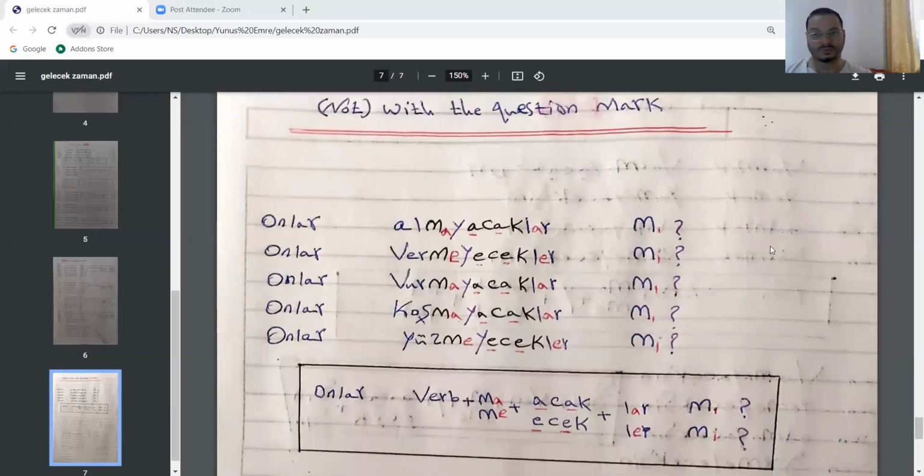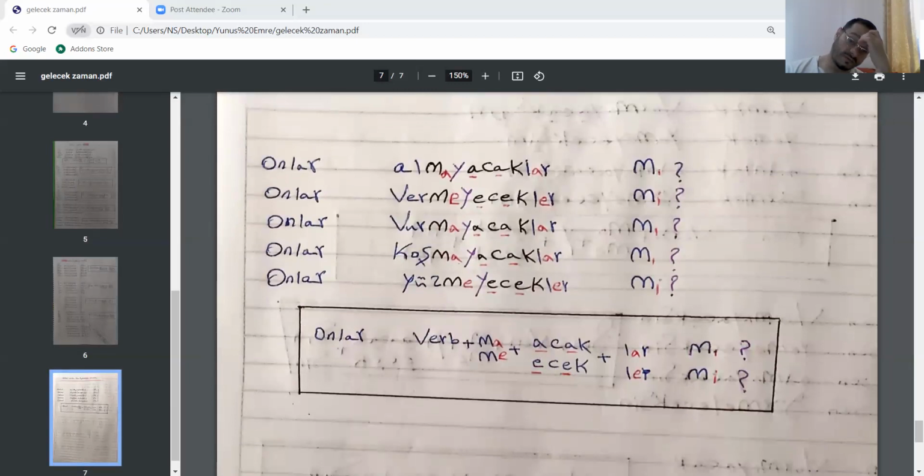Now the last pronoun is onlar, and we deal with it by following this form. To be: almayacaklar mı, vermeyecekler mi, vurmayacaklar mı, koşmayacaklar mı, yüzmeyecekler mi? Like I said before, here the situation is different from all the previous pronouns, because with all the previous pronouns we put the appropriate verb to be at the last, after the question word.